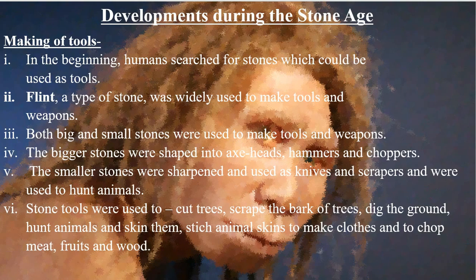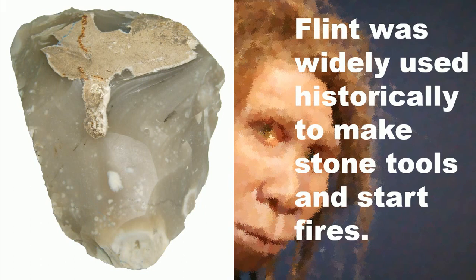As you can see from here, this is the picture of the flint. This stone was widely used, historically, to make stone tools and start fires as well. So let us move back to that slide.